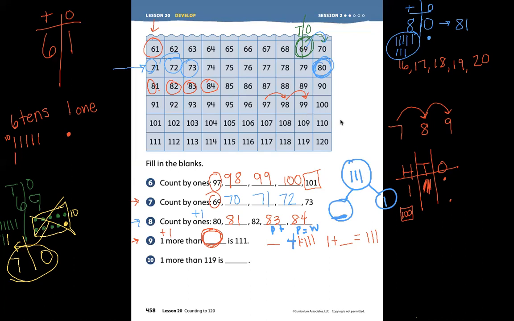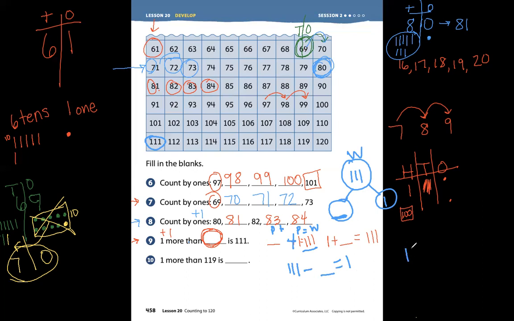So let's go up into our chart. 1 more than blank is 111. Well, I know that the whole is 111, right? So I'm going to circle that. This number, 111, I could even subtract, right? I could do 111, because this is a whole, minus blank equals 1.